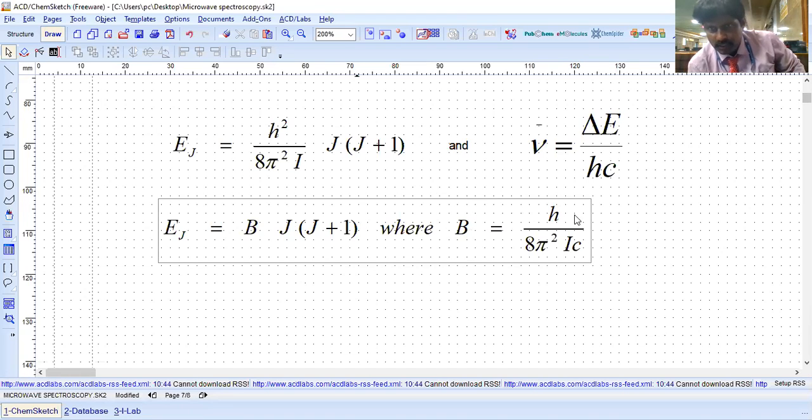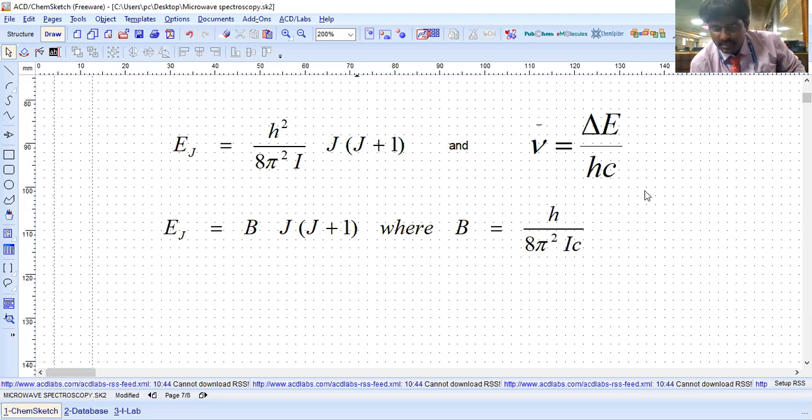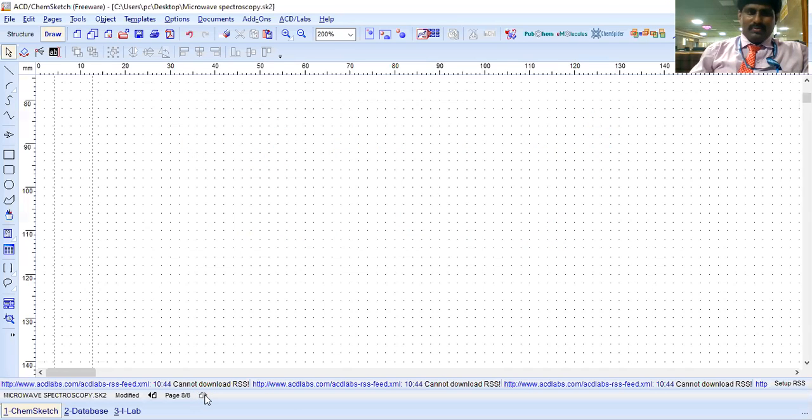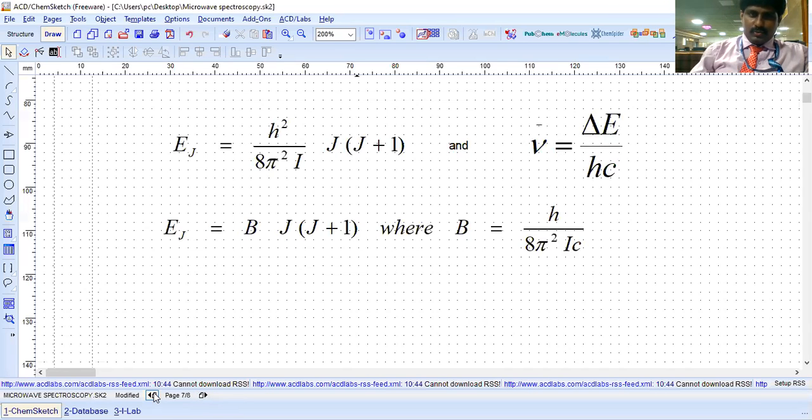Now B is equal to h by 8 pi square Ic. This is the derivation for the energy of a rotational energy level. So now we will find out the energy of J0, J1, J2, J3 and J4.